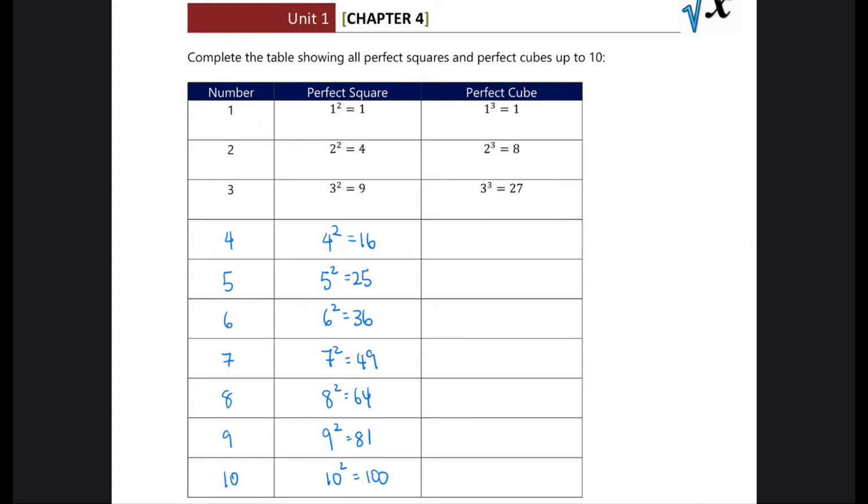For perfect cube, it might be a little bit more tricky, but you can just watch what I read, or you can try putting it into your calculator to double check.